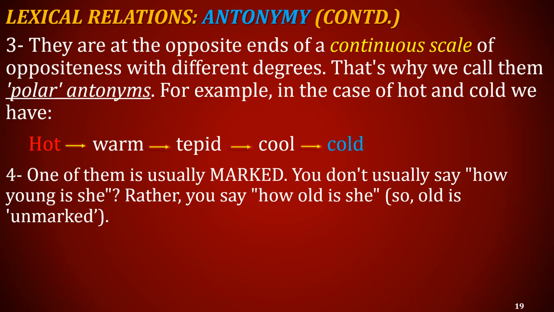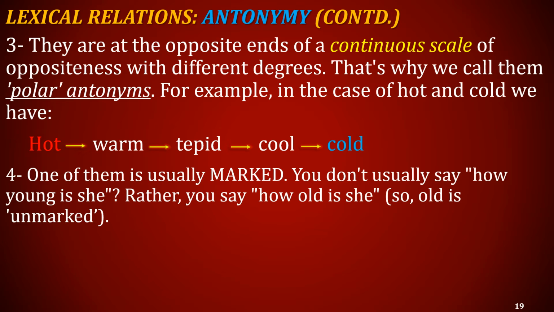The next characteristic is that one of them is usually marked. You don't usually say, how young is she? unless there is some justification, for example, you want to put emphasis on something particular.